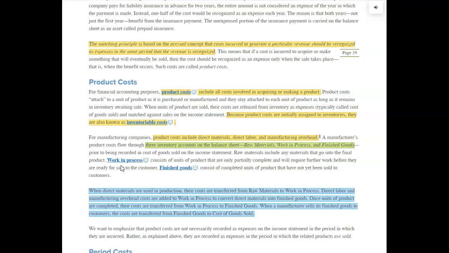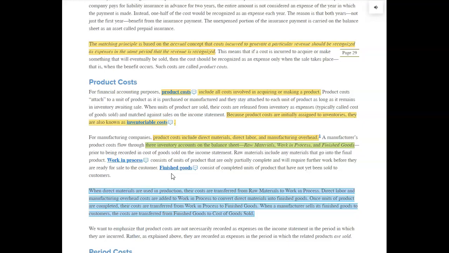So work in process will accumulate all three of those manufacturing costs. Once the product is finished, then the entire cost of that finished product is transferred into the finished goods inventory account. This represents the cost of the items that you produced. Now they're ready to sell.